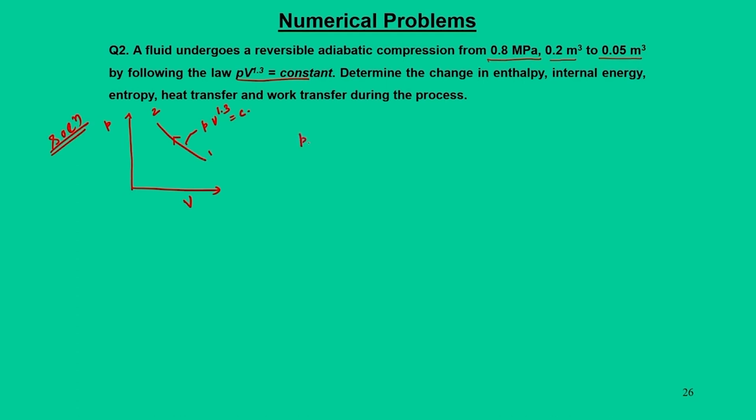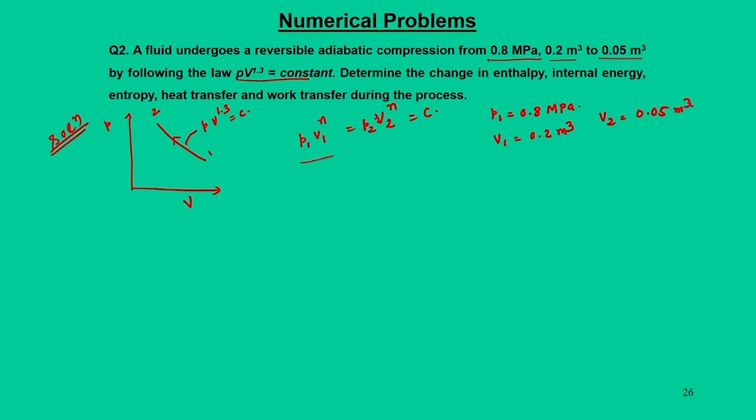So, we can say P1 V1 to the power n is equal to P2 V2 to the power n, where n is 1.3, is equal to constant. So, we know P1 is 0.8 megapascal, V1 is 0.2 meter cube, V2 is 0.05 meter cube.